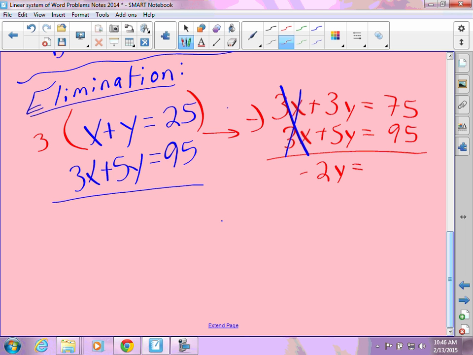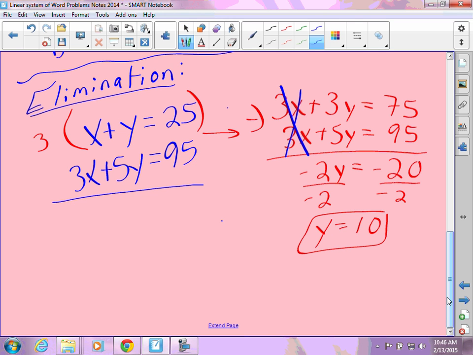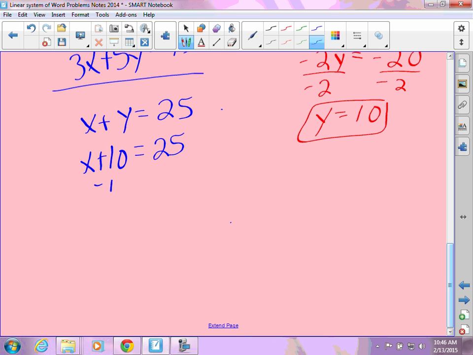Am I done? No. We're going to find x. So I'm going to take one of those other equations. X plus y equals 25. X plus 10 gives me 25. Subtract 10. X gives me 15. Am I done? No. Step 4 was to solve the system using substitution, elimination, or graphing, right?